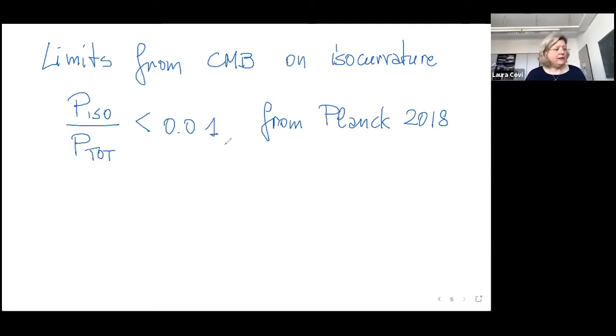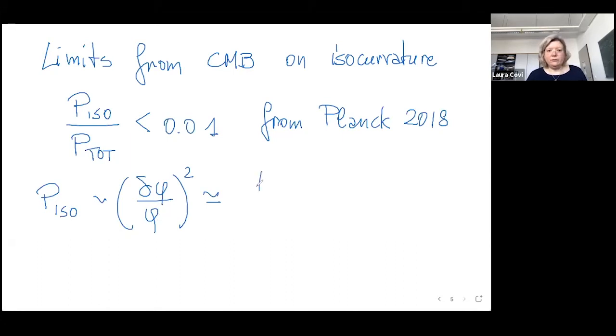Now, to estimate the isocurvature component, I told you the fluctuation of the field is of order Hubble, and the value of the field gives you the size. So we can estimate it with the square of delta phi over phi. Delta phi is of order Hubble, as I told you, and phi, of course, is of order Fa.